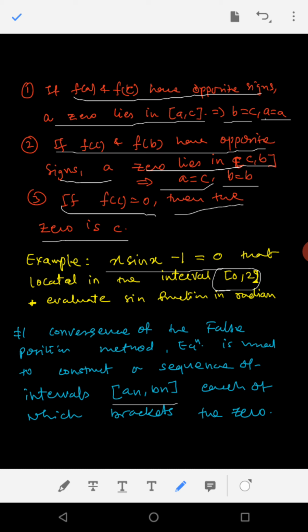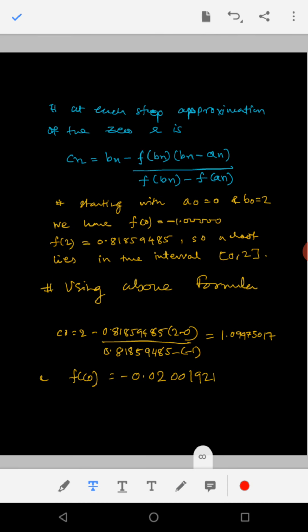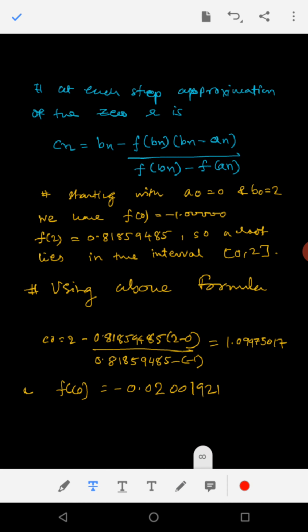We want to see every time whether these intervals bracket a 0 value. So next, we have introduced the same equation with subscript n, because now we have to introduce the iteration here. Everywhere subscript n is introduced.